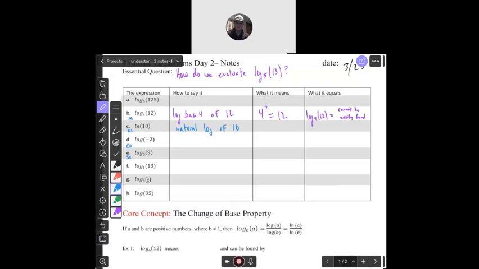What's natural log? What's our base? Yeah, base e, so try that again. How would you say that? There you go. e to the what power is 10, so what is the natural log of 10?